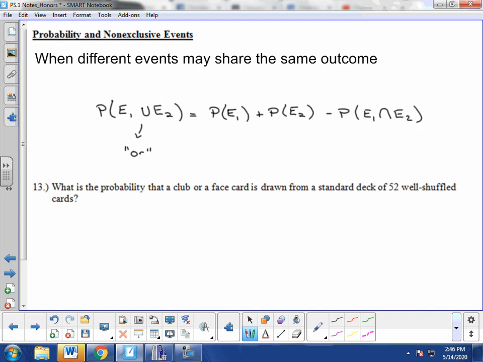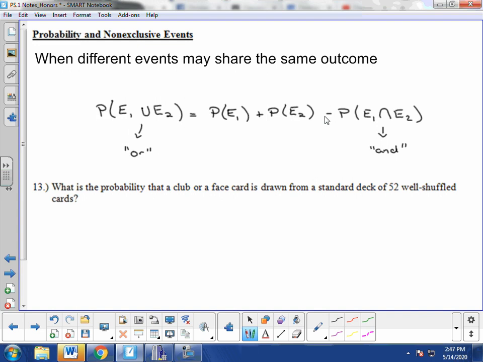We've seen that symbol before. Again, that symbol means basically and. So this is a bad scenario, I guess, but the probability that I would choose a sophomore or a junior would be the probability that it's a sophomore plus the probability that it's a junior minus the probability that it is a sophomore and a junior.